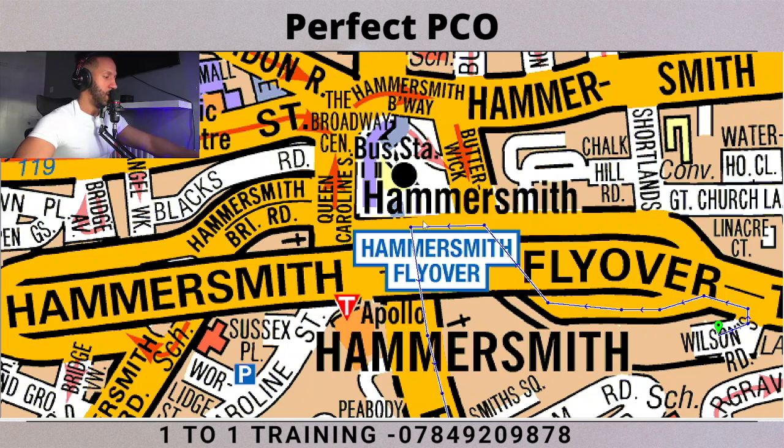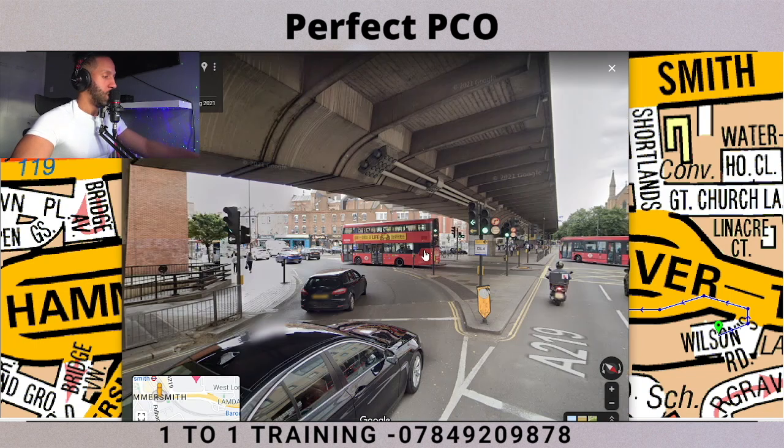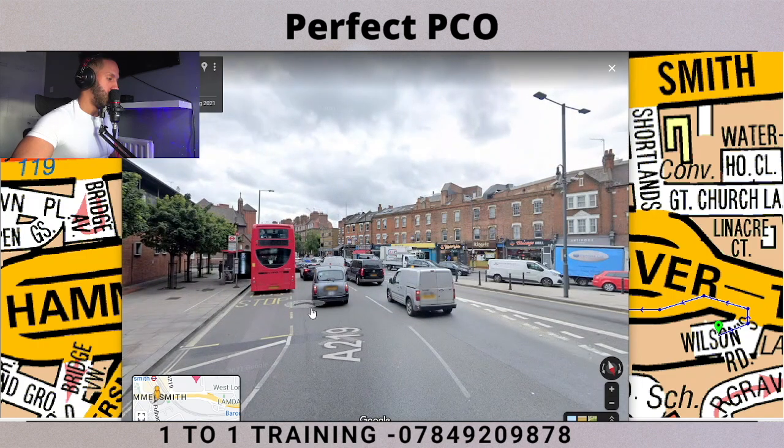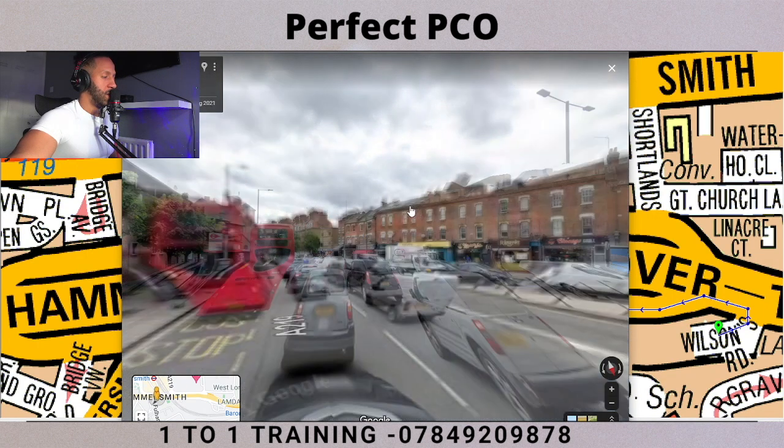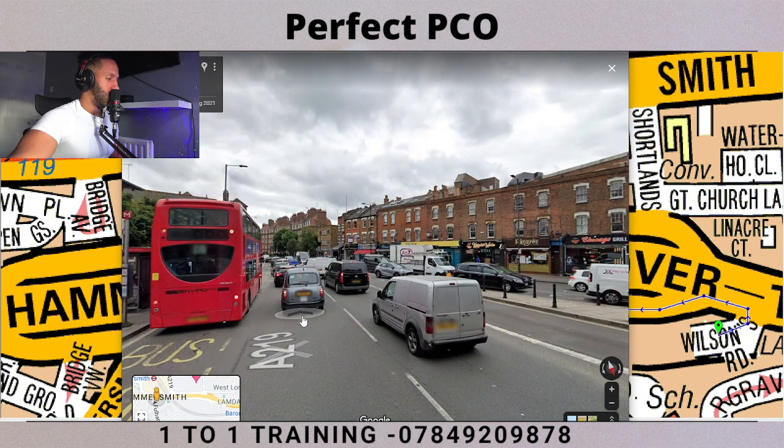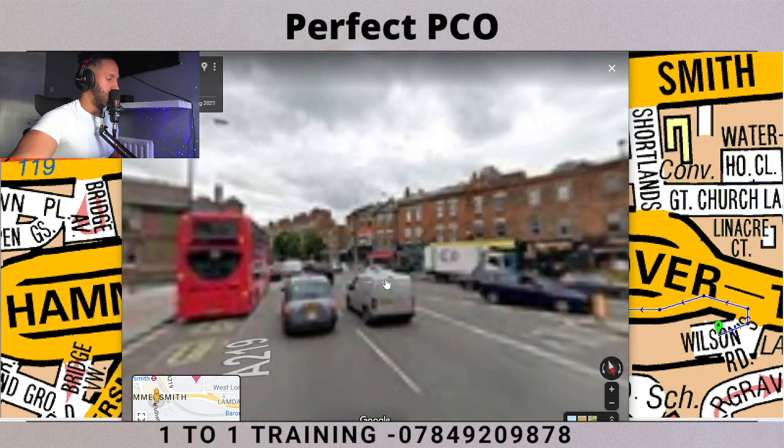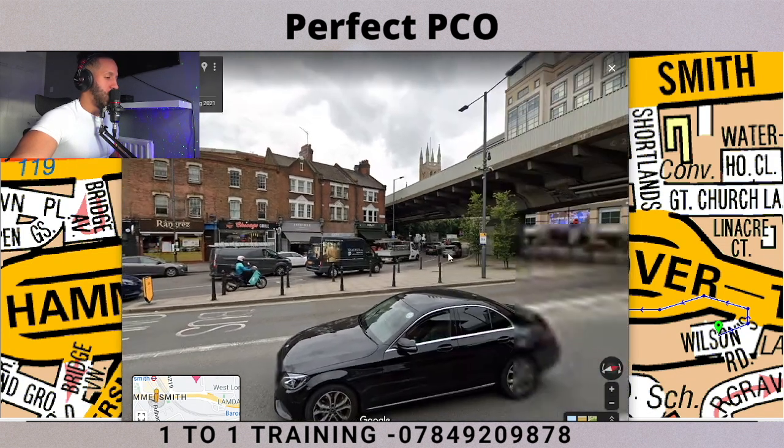We're here now on the Google Street View, and the bus is roughly here underneath the flyover. So we take this left, we go underneath. Now we've done it. We're on Fulham Palace Road now.